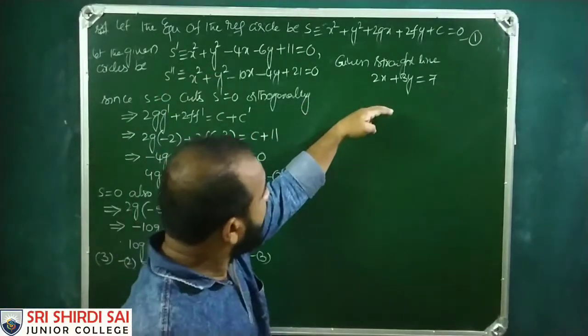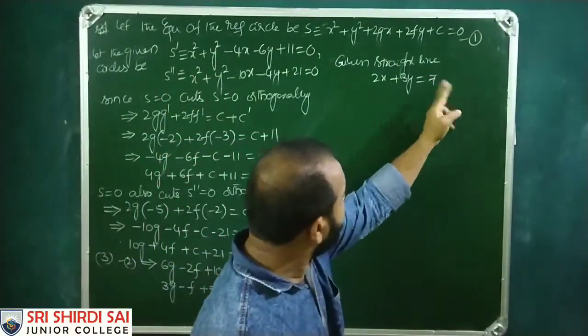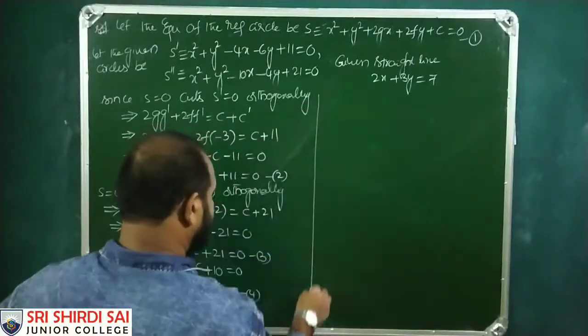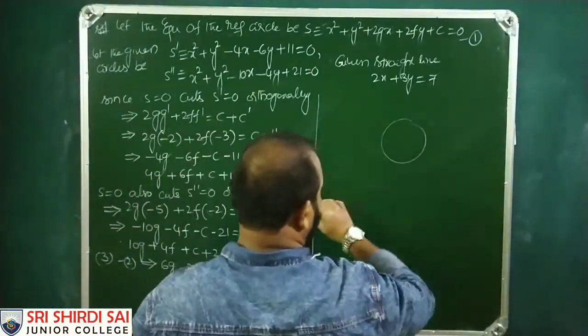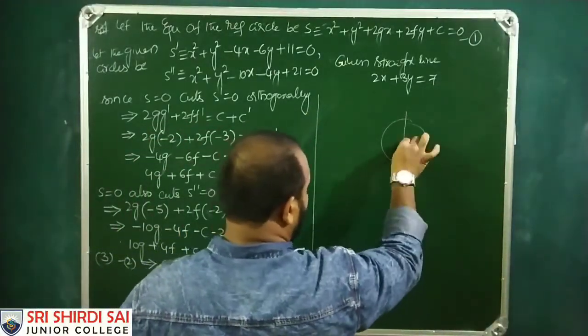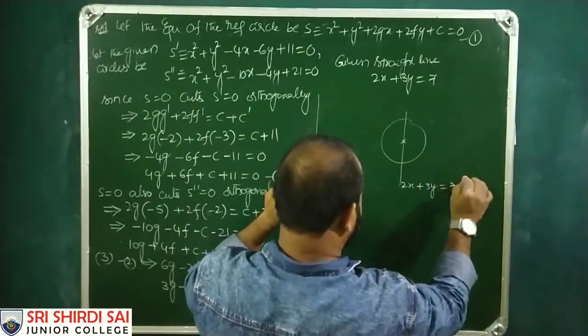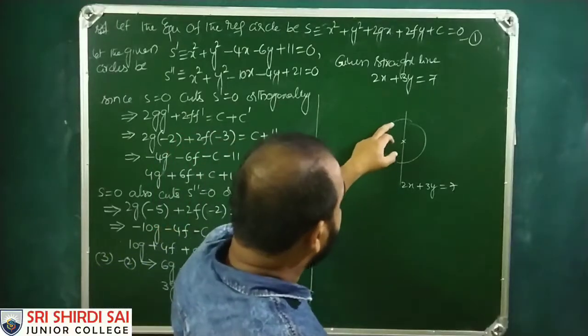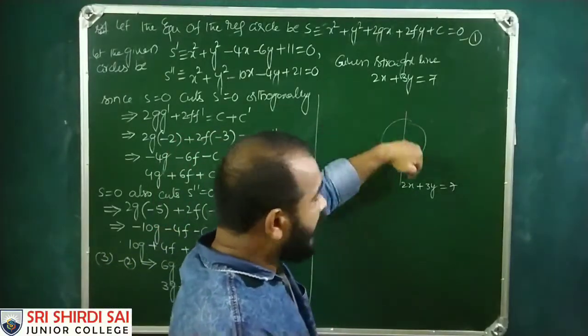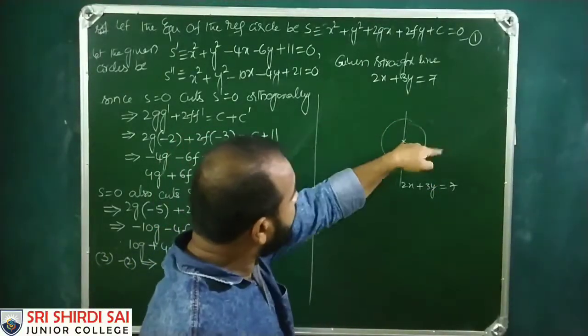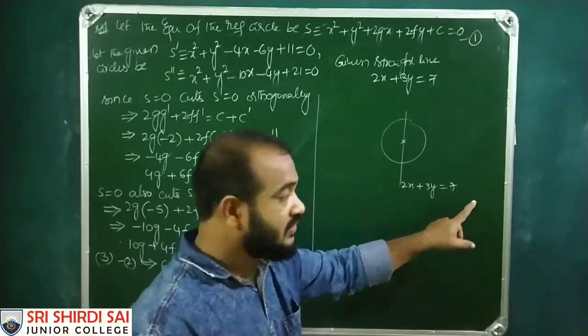The required circle has the diameter along the line. That means the required circle has the diameter along the line 2x plus 3y equals to 7. Diameter along the line means the center of the required circle is passing through this.